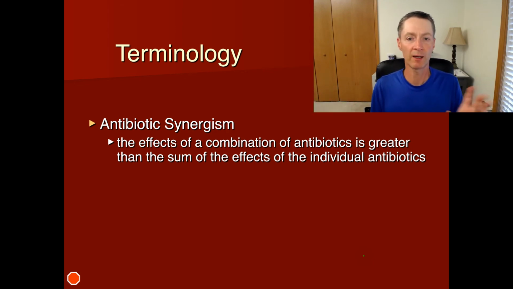So if antibiotic A kills X number of bacteria and antibiotic B kills Y number of bacteria, it's not X plus Y. The synergy would give you greater than the X plus Y effectiveness. All right? And we'll see with a later clip how we can actually test whether two drugs have a synergy in a laboratory. Okay?